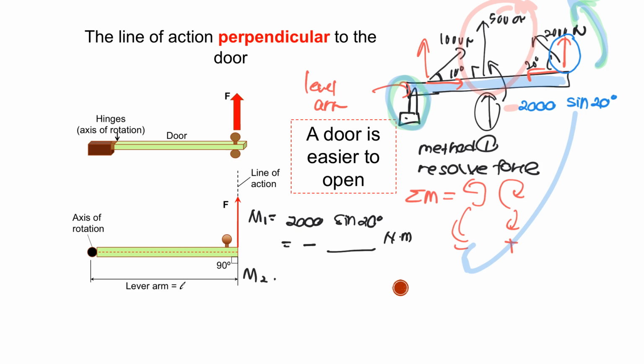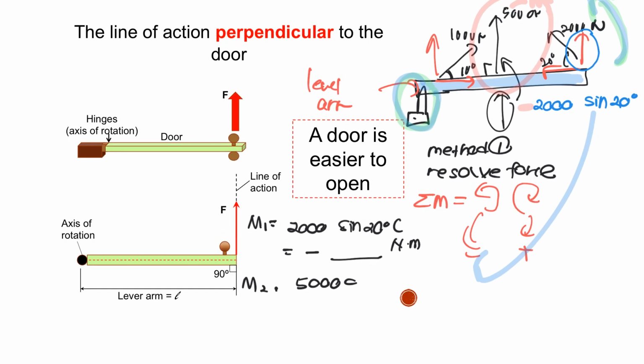And moment 2 is 5,000. Oh sorry, you need to multiply with the lever arm. For example, I give you a lever arm here to here is 4.0 meter, and 5,000 to the axis is 2.0 meter, and this one is going to be only 1.0.